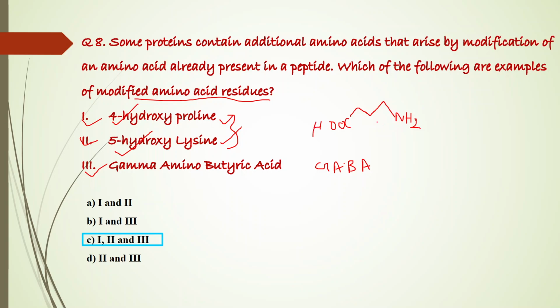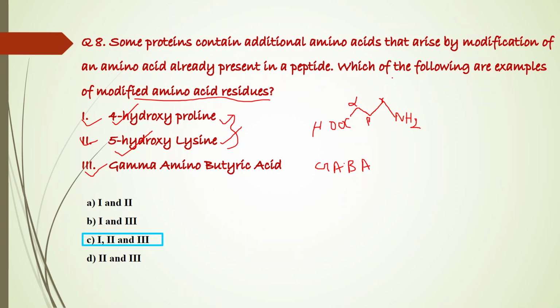So this is the structure: 3 CH2 groups, and at one side there will be NH2 and there will be COOH. So basically alpha, beta, gamma. This is your alpha, beta and gamma carbon, and so the name is gamma aminobutyric acid. 4 carbons, so it is butyric acid obviously.